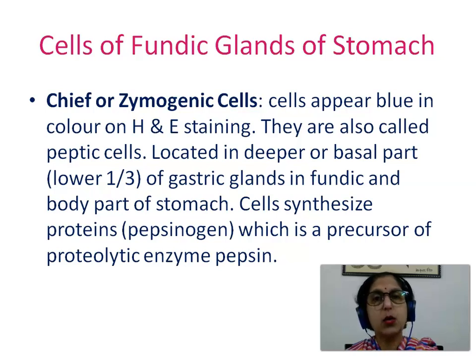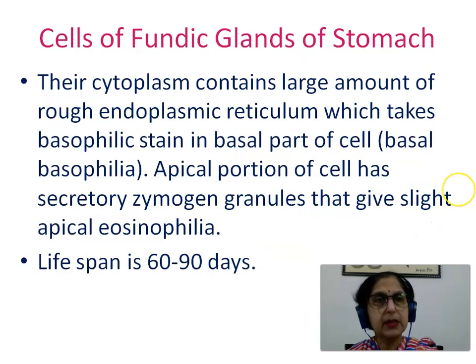They are located in the deeper or basal part, the lower one-third of the gastric glands in the fundic and body part of the stomach. These cells synthesize pepsinogen, which is a precursor of the proteolytic enzyme pepsin. Their cytoplasm contains a large amount of rough endoplasmic reticulum which takes the basophilic stain in the basal part of the cell, giving rise to basal basophilia.